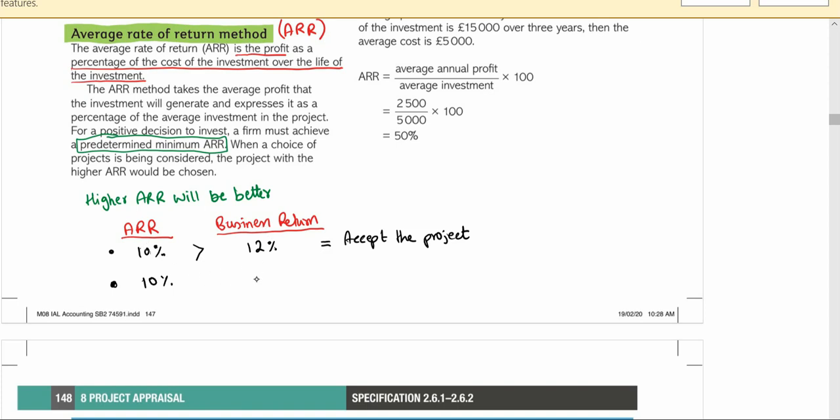And if the business earns 8%, the business return is less than the ARR, so we may reject the project. So this ARR is the standard rate for the investment. Get my point?